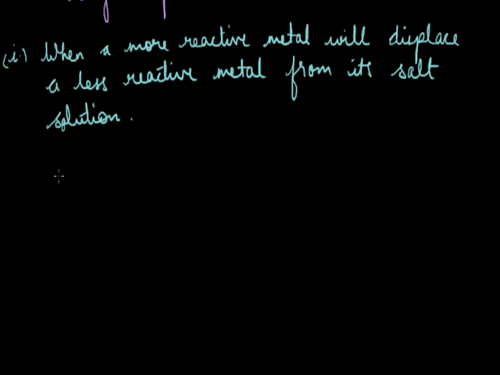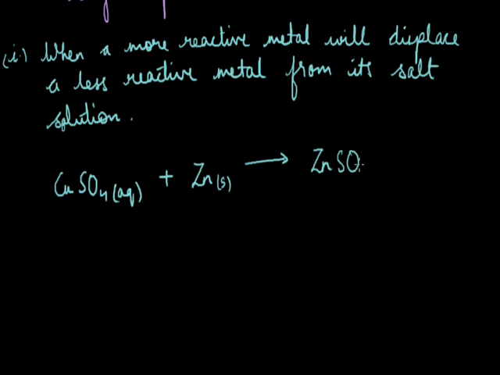For example, copper sulfate solution. When it is in a beaker and we immerse a zinc rod, then we will see that the copper sulfate, which is blue in color, becomes colorless.